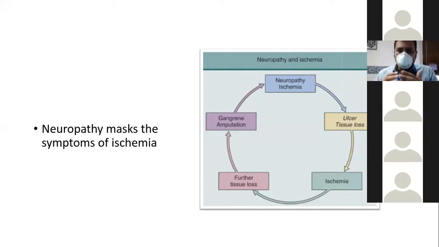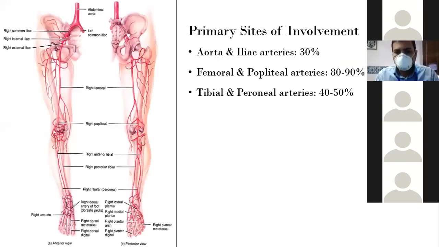If any diabetic patient comes to your clinic, you have to check the pulses and do some non-invasive investigation to detect peripheral vascular disease. The combination of neuropathy and ischemia is not good, because neuropathy causes small trauma, and if there is ischemia, the ulcer is not going to heal. It leads to further tissue loss and gangrene.